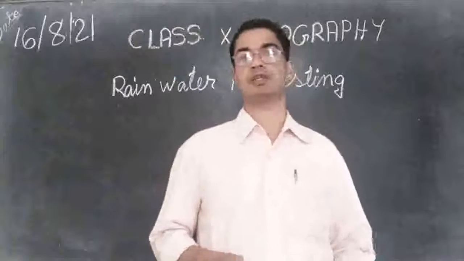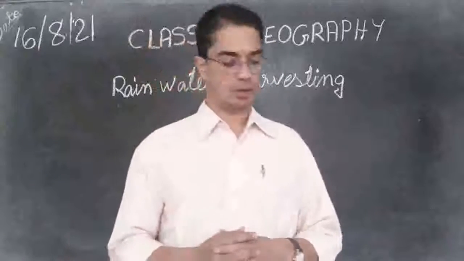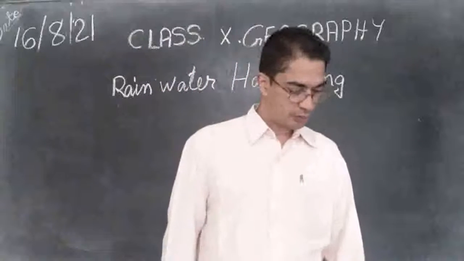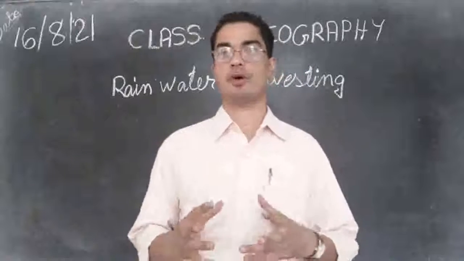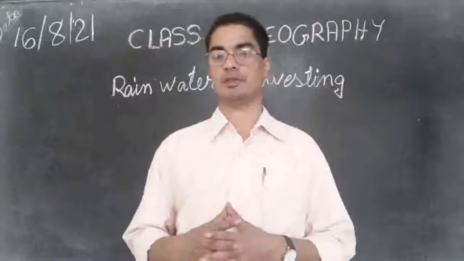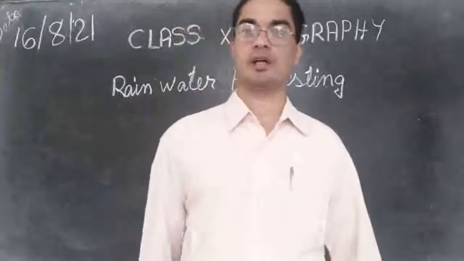So Shillong is a place where people experience a lot of water scarcity, and almost 15 to 25% of the water requirement of every family is met by this water harvesting.